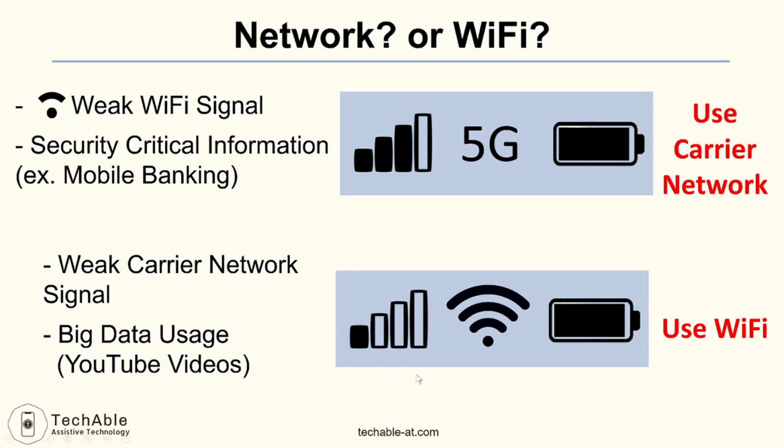So in this situation, I connected my phone to the library Wi-Fi to send and receive urgent messages and to use the internet from my phone. Or when you need to use a lot of data, such as watching YouTube videos from your phone, then also make sure to connect to a Wi-Fi, especially, like I said before, if you don't have an unlimited data plan.